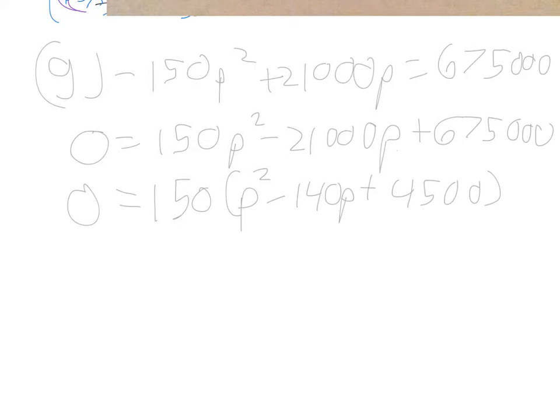Since 150 can never be equal to 0, we can just solve this quadratic. The factors of 4,500 that add to give you 140 are 50 and 90. So we can rewrite this as p minus 50 times p minus 90 equals 0.